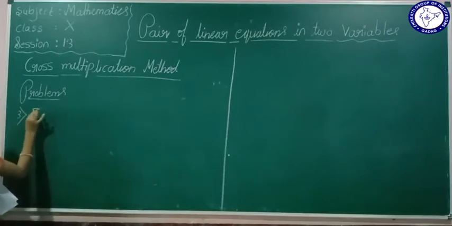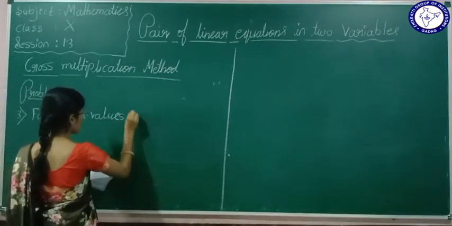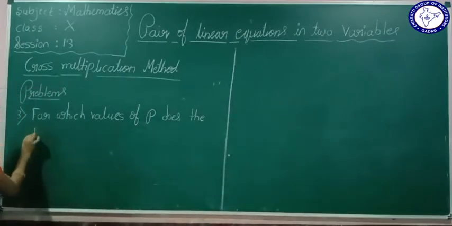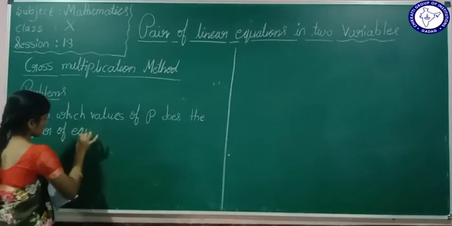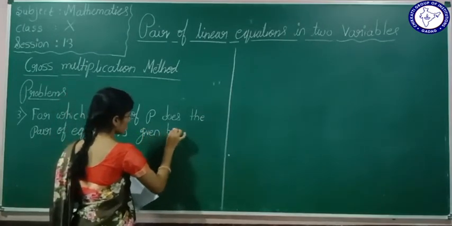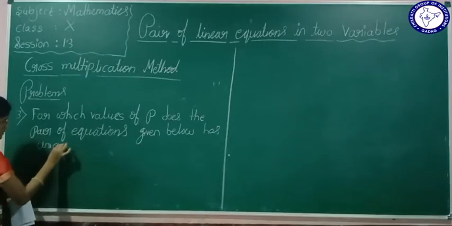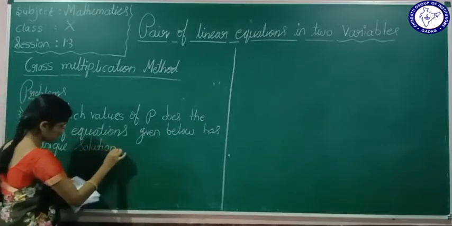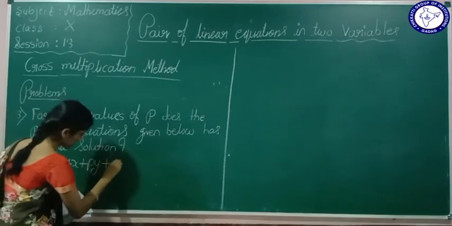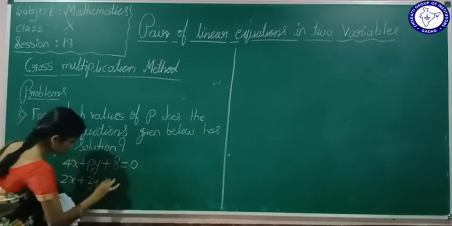See here, for which values of p does the pair of equations given below have a unique solution? 4x plus py plus 8 is equal to 0. 2x plus 2y plus 2 is equal to 0.